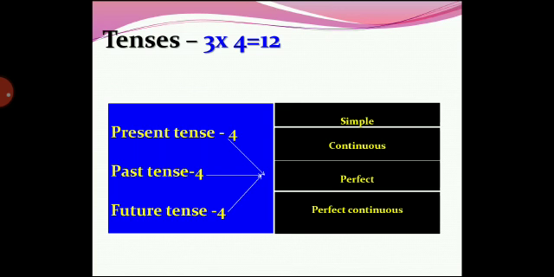If I take past tense, simple past, past continuous, past perfect, and past perfect continuous tense. If I take future tense, simple future, future continuous, future perfect, future perfect continuous. So like this, you should remember these 12. I hope it is clear for everyone. This table format is an easy way to remember them.